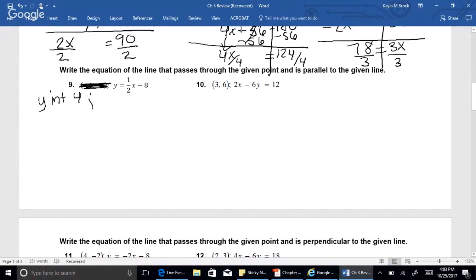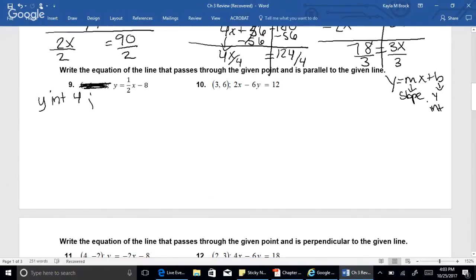And this is something that you haven't seen before in class. Normally you have to solve for the y-intercept. But the key thing that you need to know when you're looking at the form y equals mx plus b, is that the m is the slope and the b is the y-intercept, okay?